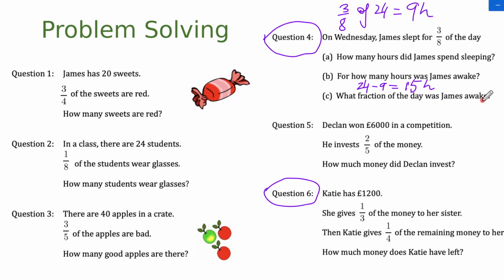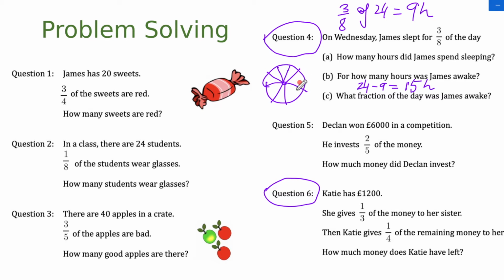What fraction of the day was James awake? If he slept for 3/8 of the day, it means the remaining fraction. I want you to think of the day like this. Imagine it's a circle and it has 8 slices. I don't know if this is accurate. 1, 2, 3, 4, 5, 6, 7, 8.